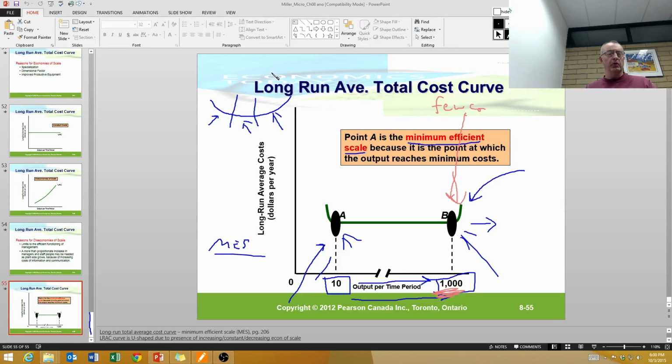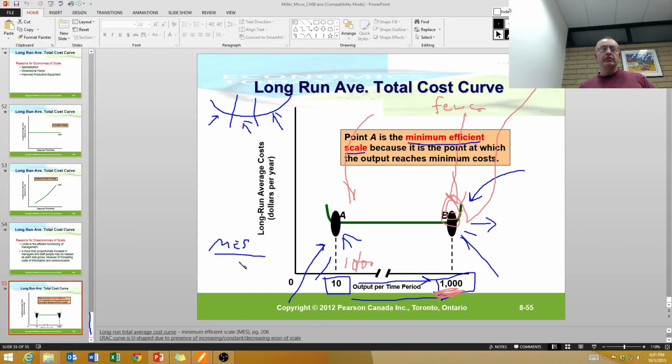In the United States there's Boeing, in Europe there's Airbus, in Brazil there's Embraer, and in Montreal there's Bombardier, but Embraer and Bombardier are nowhere near the same size as Boeing and Airbus. Boeing and Airbus are in this area here. So the minimum efficient scale for Airbus and Boeing is relatively large, and so there are relatively few competitors.